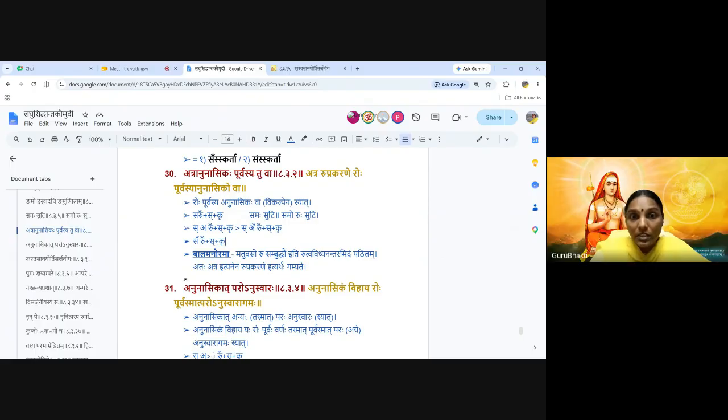Anunasika is not anuswara. Anunasika is this nasal form. Akara's anunasika is this akara with Chandra Bindu. So this akara is different and this akara is different, but both are savarnas. In the place of this akara, we are bringing anunasika akara. So sa, a, ru.